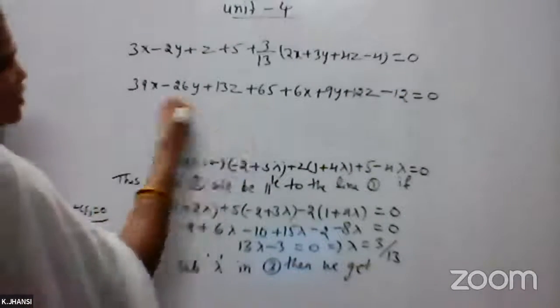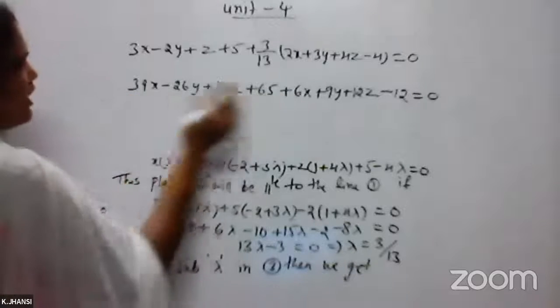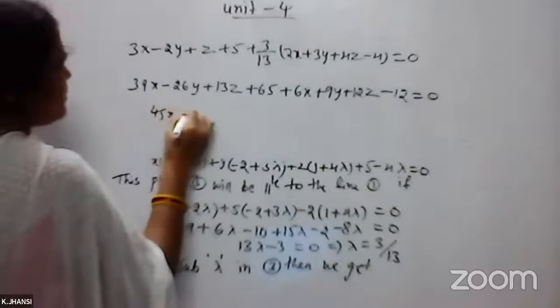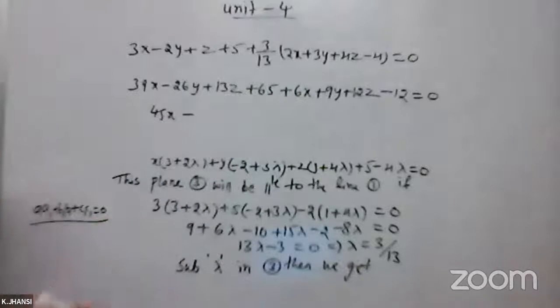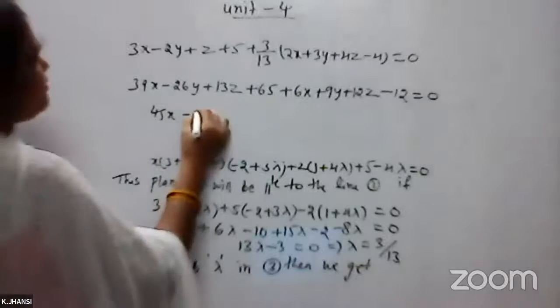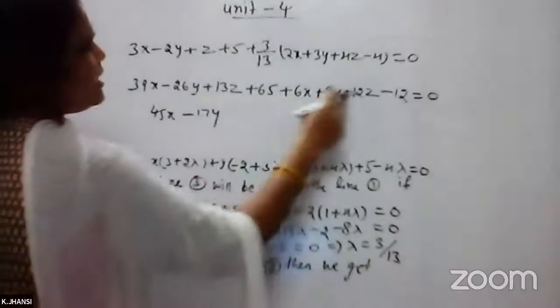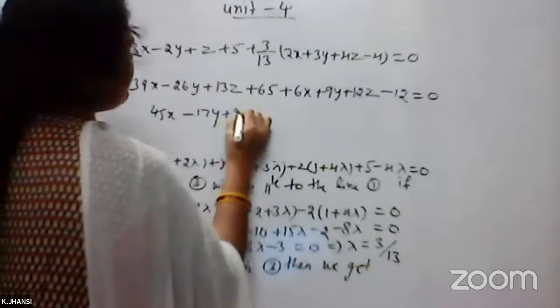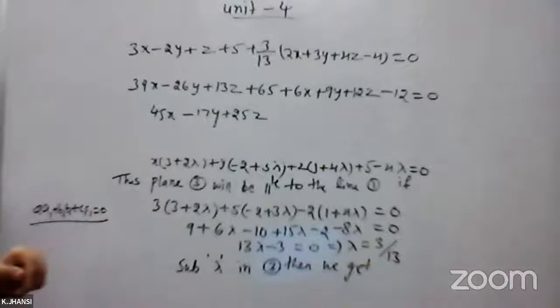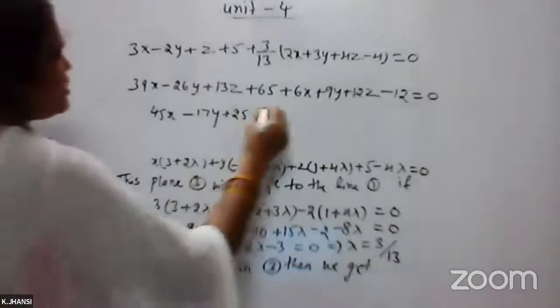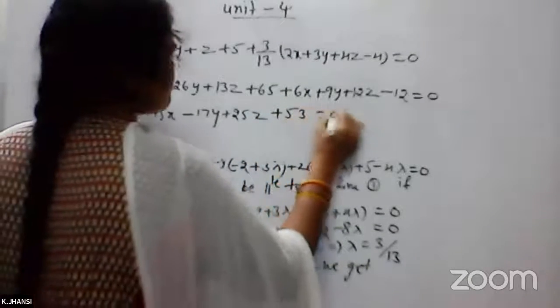So now you add whatever the like terms are there. 39 plus 6 means 45x, minus 26y plus 9y, how much will you get? That is minus 17y, and 13z plus 12z is 25z. So 65 minus 12 means you will get 53. So plus 53 equals 0.